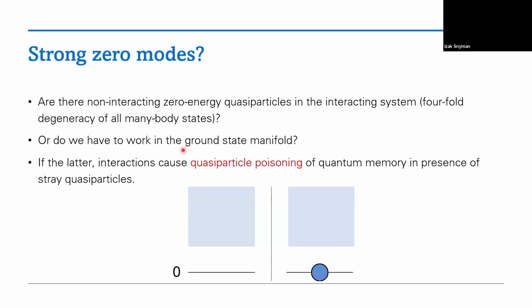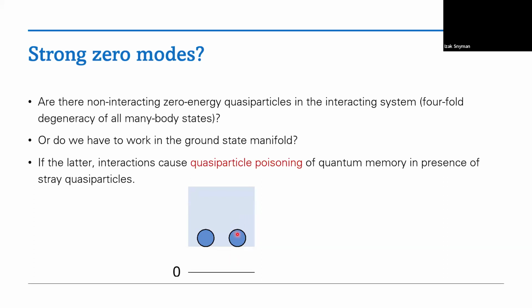So here's the picture. In the interacting case, we know we still have two degenerate ground states, two independent states that are the most possible. But now if we have really non-interacting zero-energy quasiparticles, then this situation that I've drawn is fine for quantum information processing.